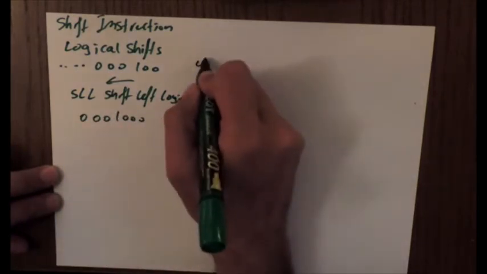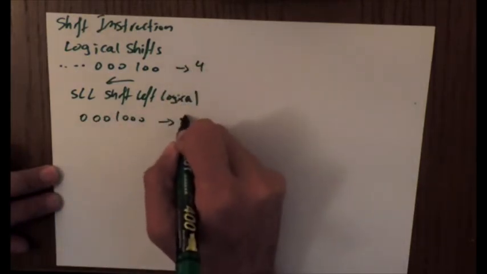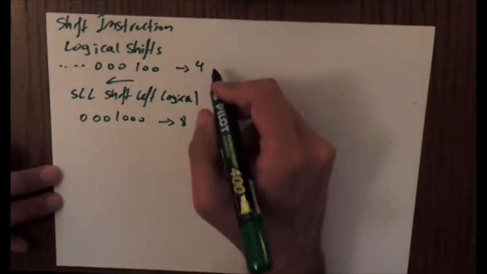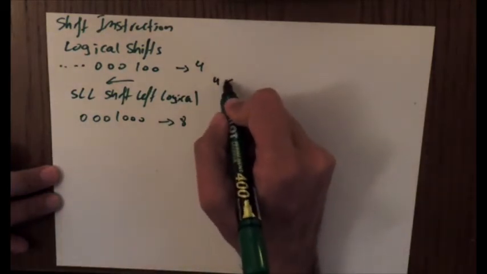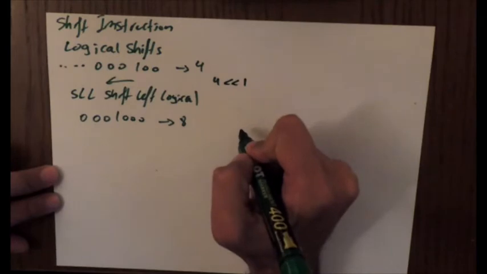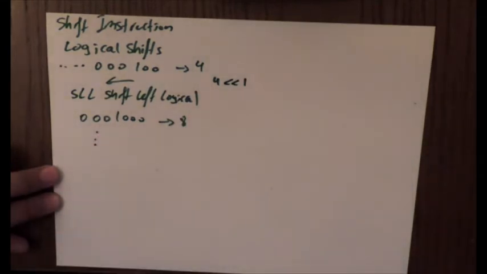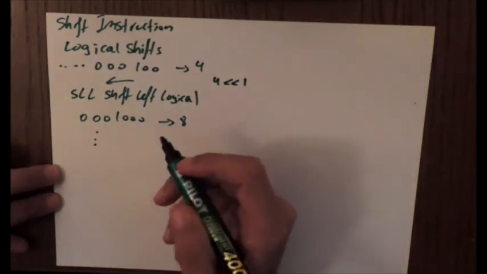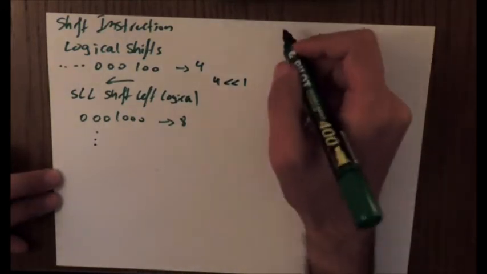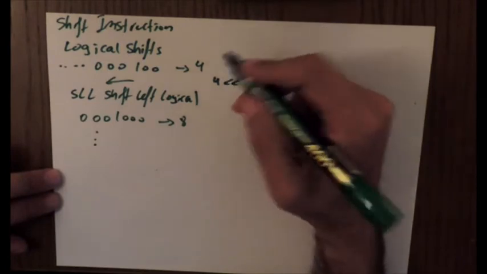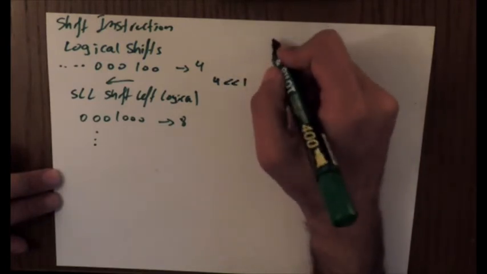So this is 4, now it's going to be 8. So what I did is actually I shifted 4 by 1. I can do many shifts, so I can give any number of shifts.